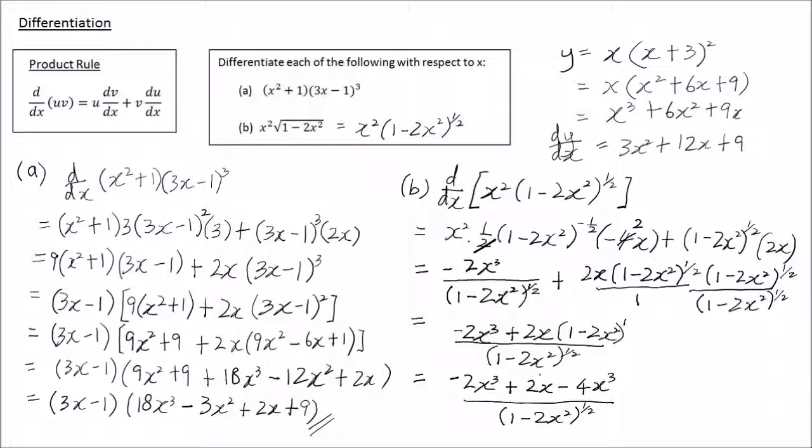So let's put this in front. 2x minus 6x cubed, whole thing divided by the square root of this bracket. Or you can leave it in this form, this bracket to the power of half. So that is the final answer for this second question.